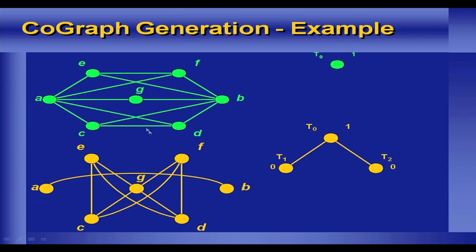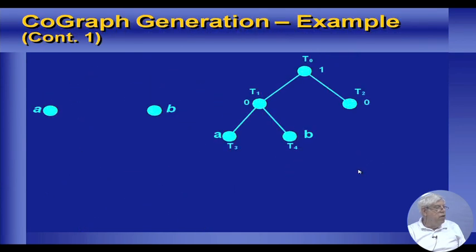So here we have just another example. If this is my graph, how do I decompose it? It's connected, so I start with the root labeled 1. I look at its complement, which partitions it into 2 pieces. I create subtrees for those pieces with zeros. Then I look at that subtree. It partitions into these pieces.